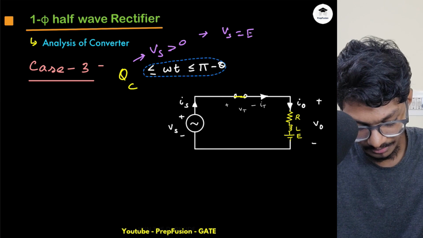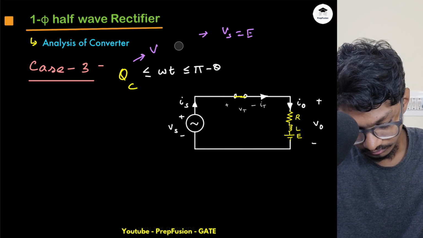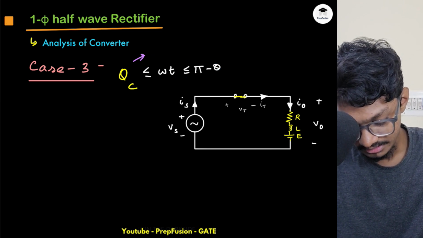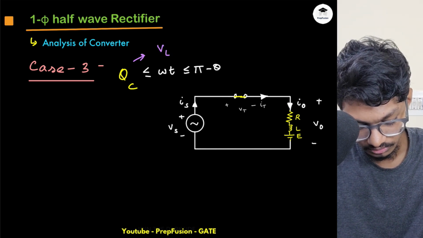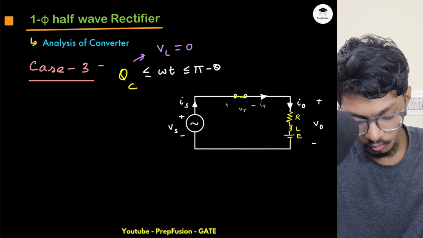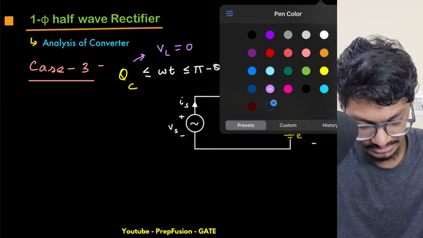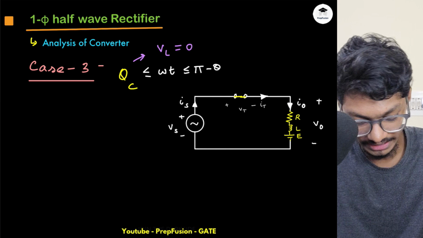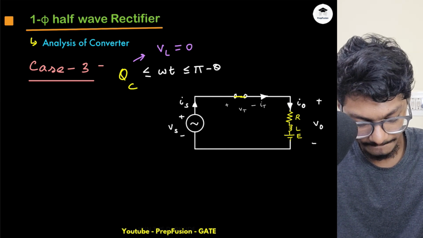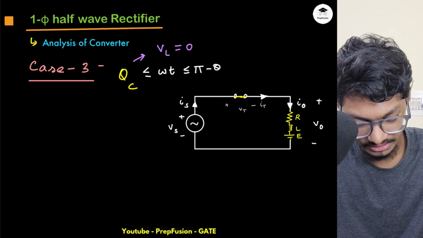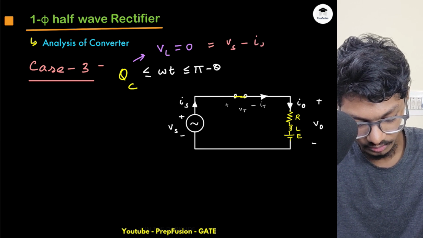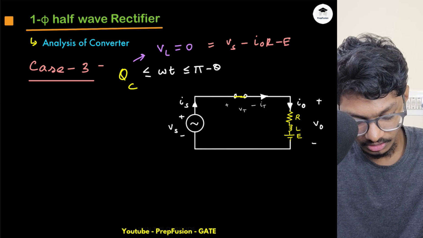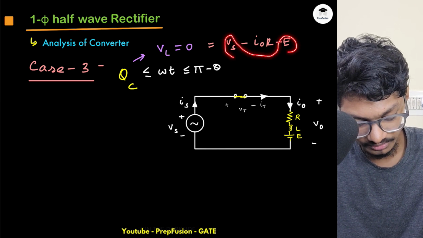Now at theta c, what is happening? I'm assuming that my VL goes to 0. Why does my VL go to 0? Because if my VL goes to 0, that means VL is equal to Vs minus IO into R minus E. Even though this is positive, this can still be negative.